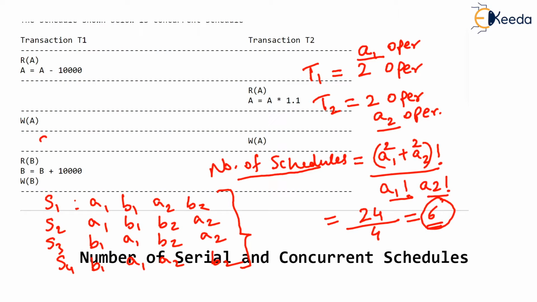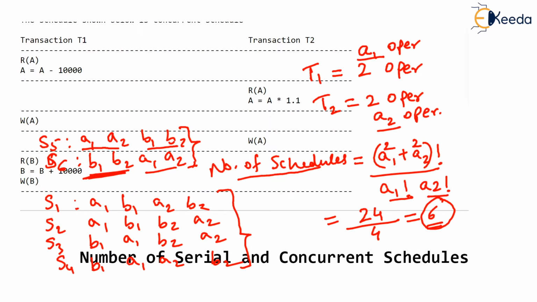Watch, S5 is A1, A2, B1, B2, and the sixth schedule is B1, B2, A1, A2. Now these two schedules are serial schedules. Please try to understand. That means the entire transaction T1 runs first and after that T2 runs, or T2 runs first, B1 and B2 both operations of T2 run first and then T1 runs.